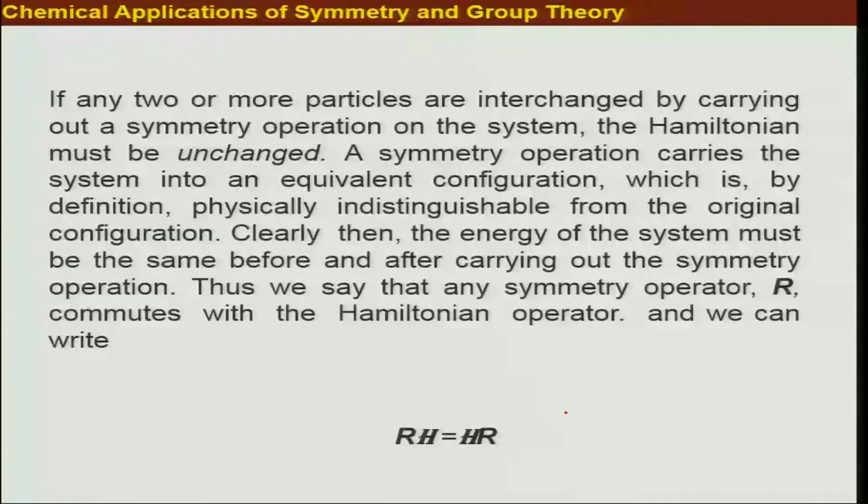So, that expression is written here, that is RH equals HR, because they do not interfere into each other's work. Operating Hamiltonian on the molecular wave function is not going to do anything to the symmetry properties of the molecule, and vice versa. All right.